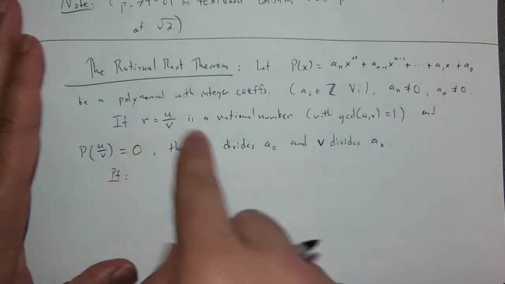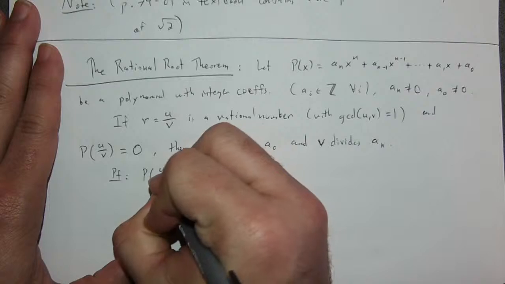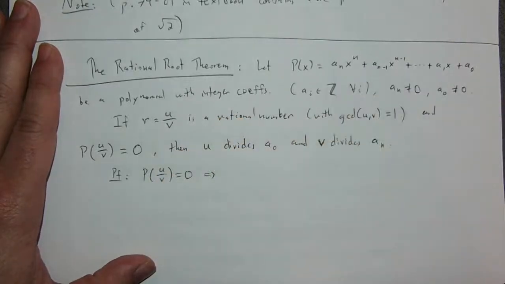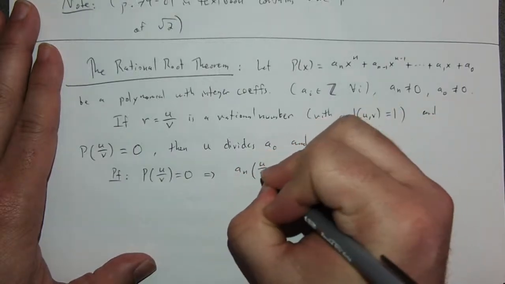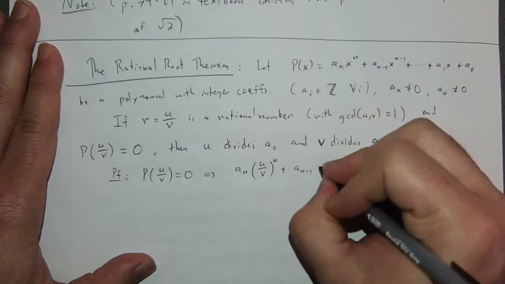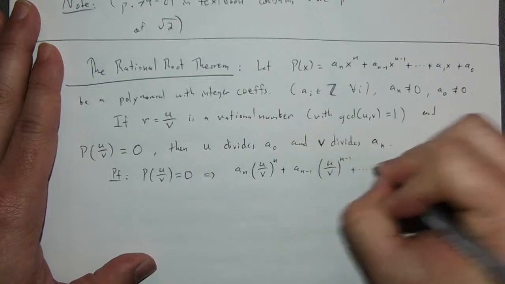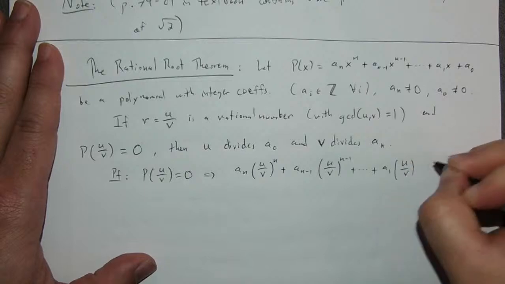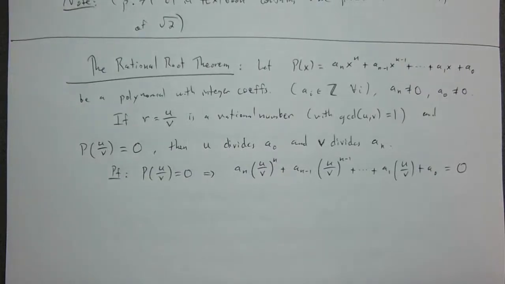So if it's a root of this, so P of u over v equals 0, that implies, just plugging that in directly to the polynomial, that a sub n times u over v to the n plus a sub n minus 1 times u over v to the n minus 1, and so on, plus a sub 1 times u over v plus a naught is equal to 0, right?